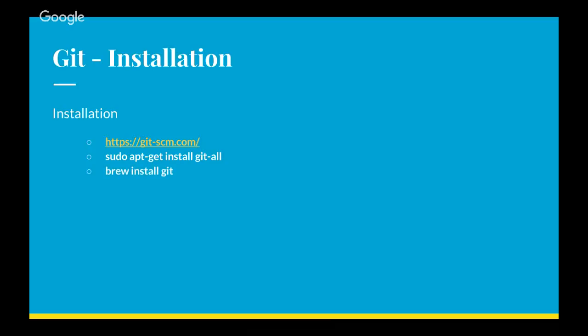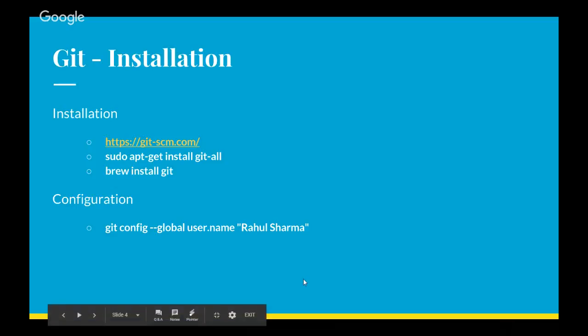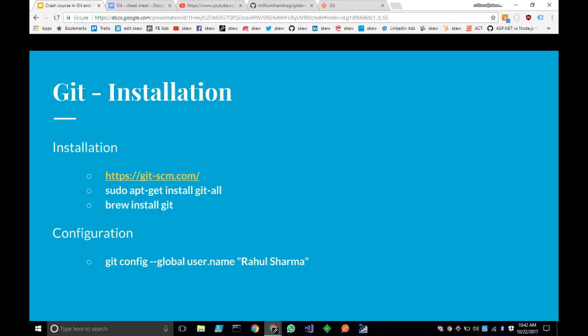For Mac users, you can do a brew install git. For Windows users, if you use Chocolatey or any other package manager, I'm pretty sure there's a Git installation command there. I think it's like choco install git or something like that. I haven't tried it in a while. But okay, the very first thing you would do once you install Git, let me start my own.